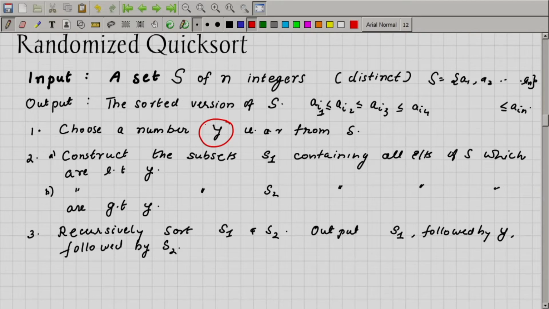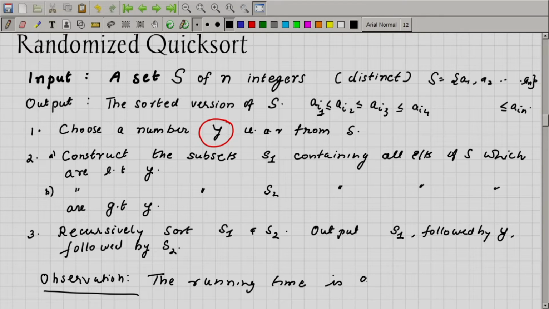But the running time for this particular algorithm is a random variable.